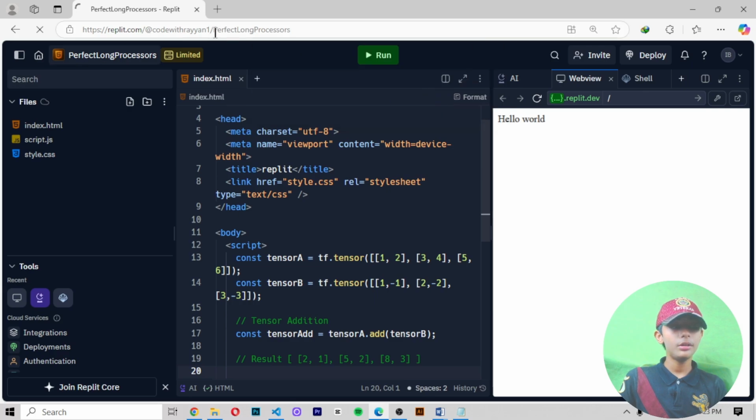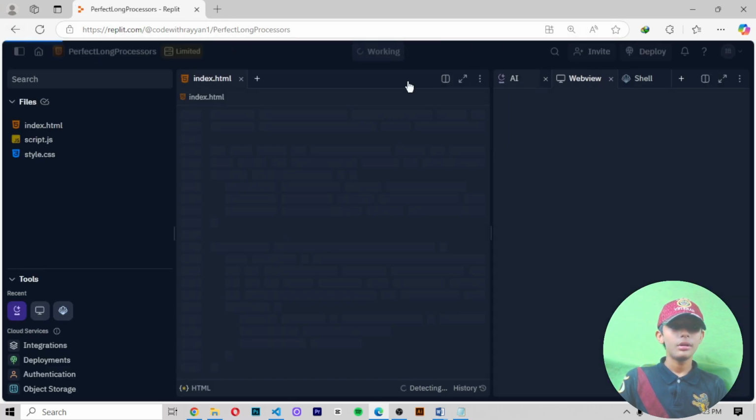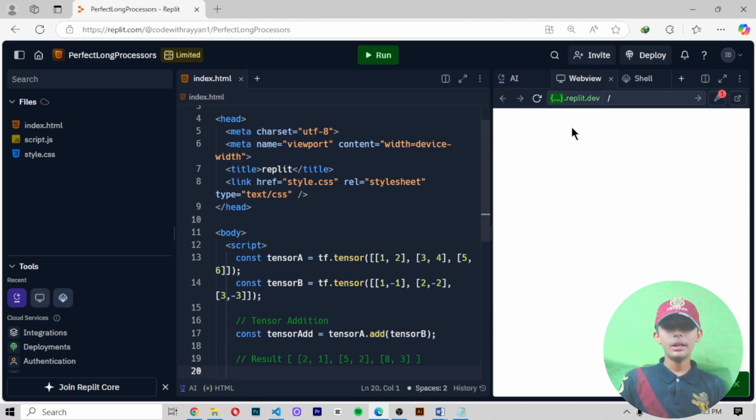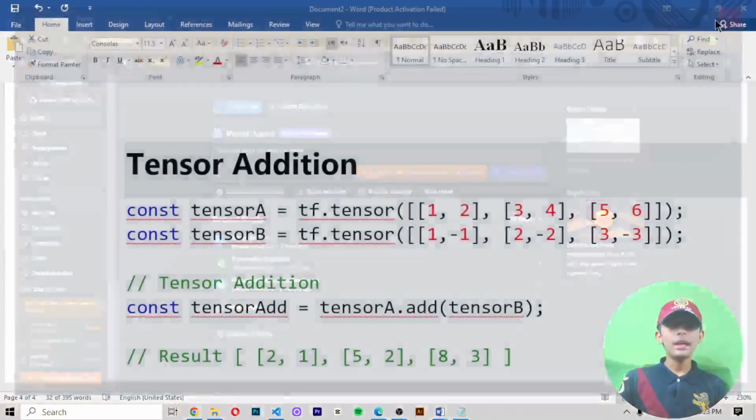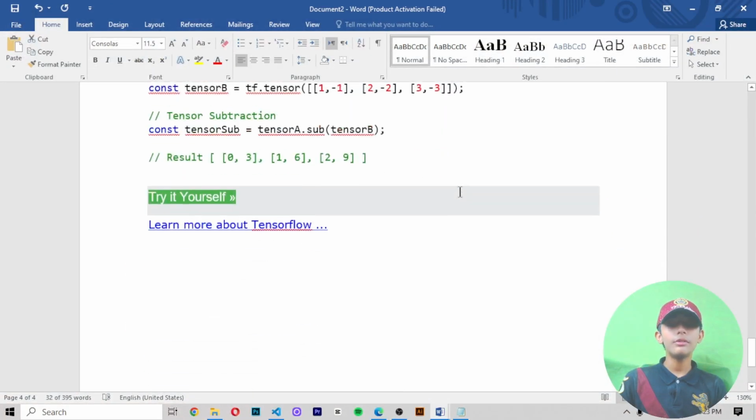Let me run it and reload. As I told you, it does not give any output, but in today's video our whole concept will be clear.